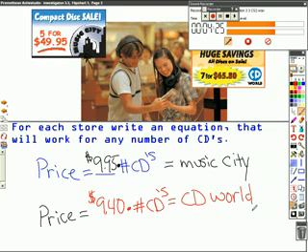Okay, good job. So now we have our 2 equations for any number of CDs at either one of the stores.